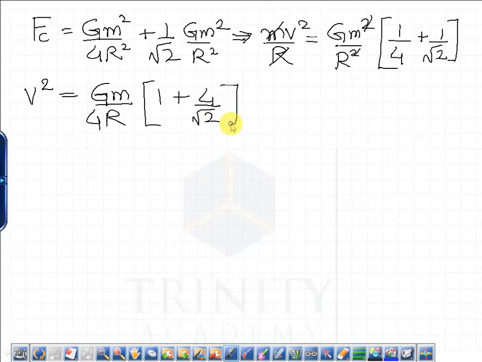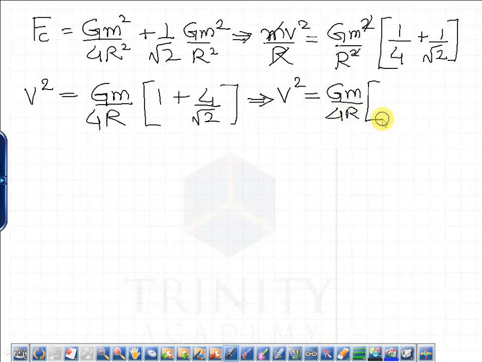So that can also be written as V square is equal to Gm by 4r into bracket 1 plus, if we multiply and divide by root 2 over here, then it would become 2 root 2.